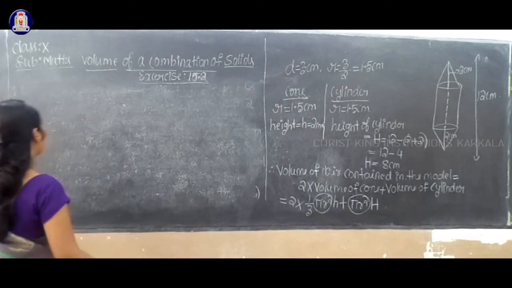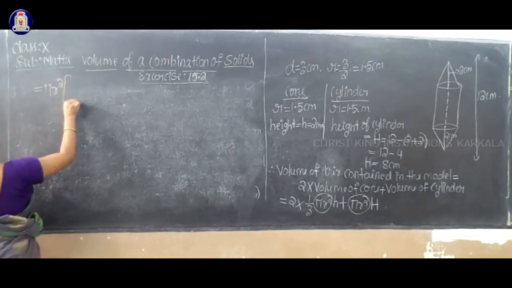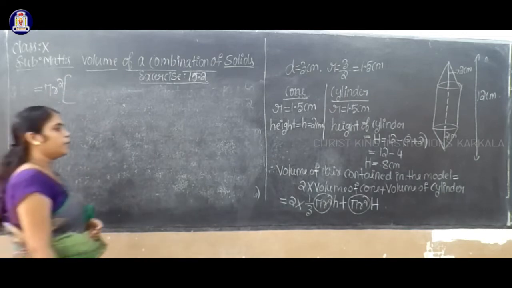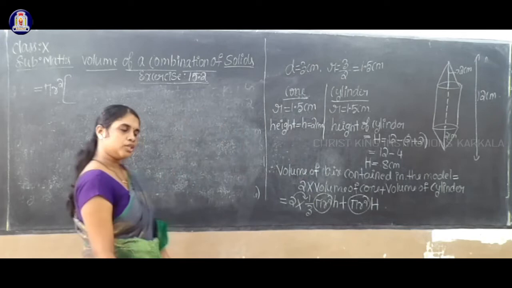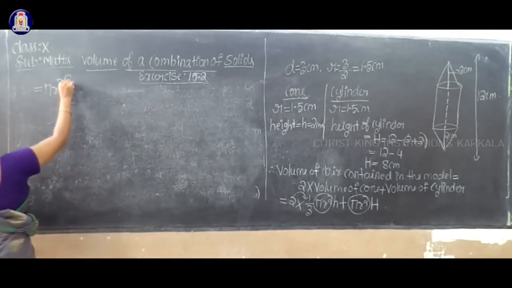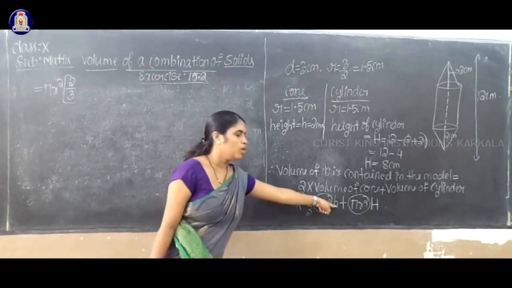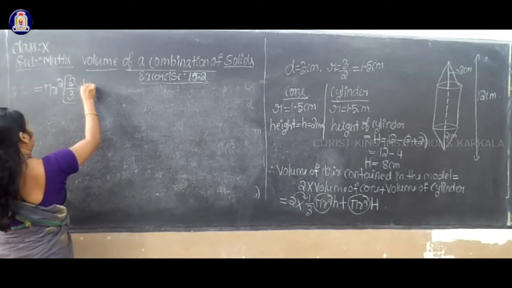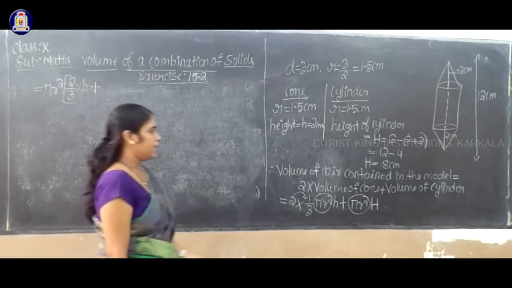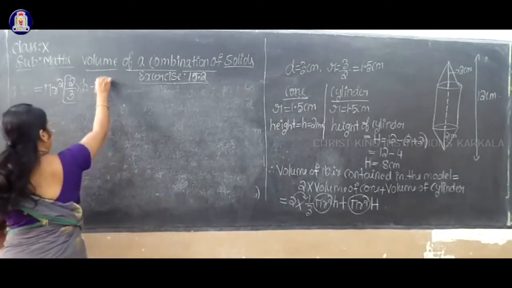Okay, so I take it outside. This is equal to pi r square as a common term. Then what about the remaining term? 2 into 1 is nothing but 2 itself. So you will get 2 by 3 into h plus capital letter H.